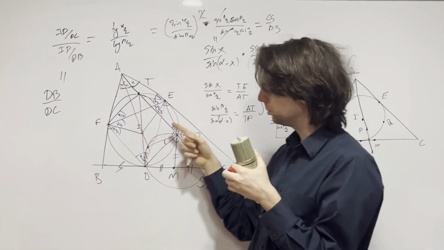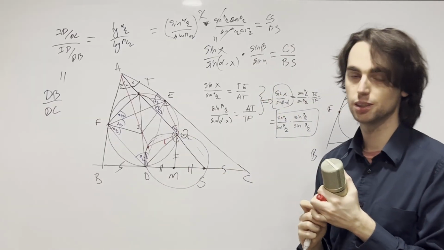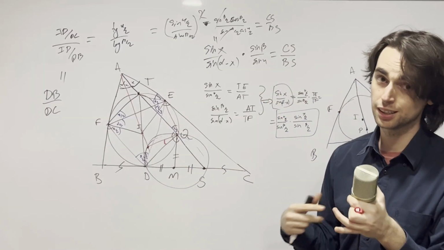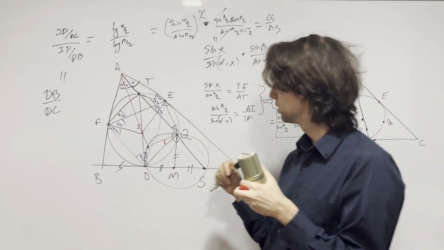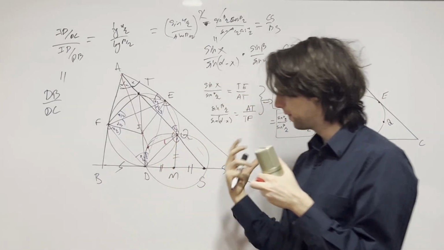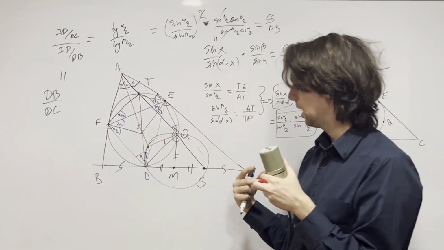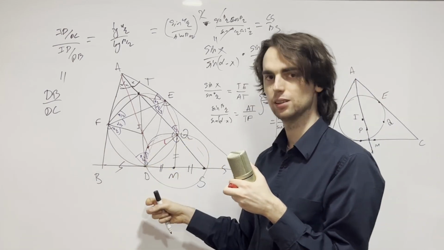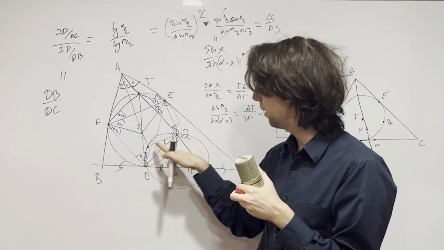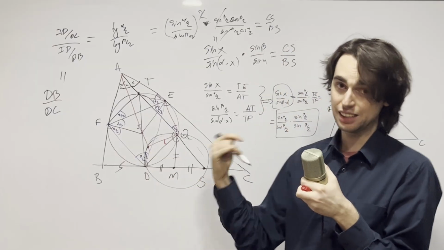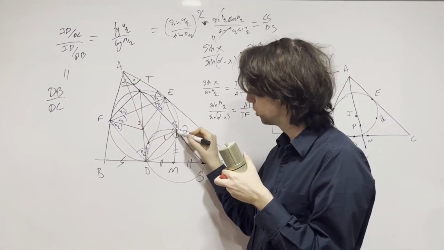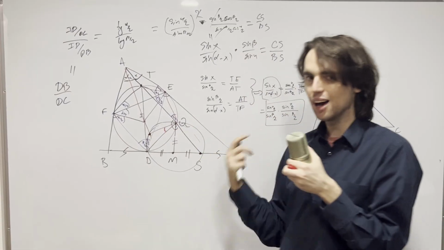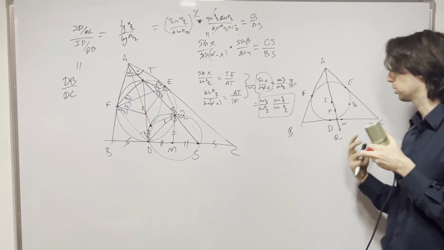And MQ is then also what to the incircle? It's a tangent. So we have a lot of things now that we know about Q, and we've connected P and Q somehow. We've shown that MQ, MP, MD are equidistant. So Q and P now have some more connection, are more grounded.